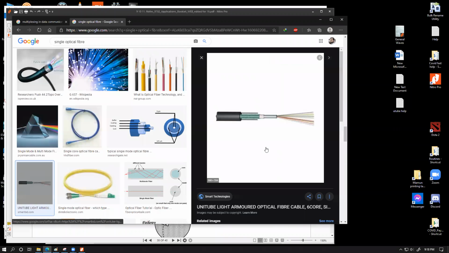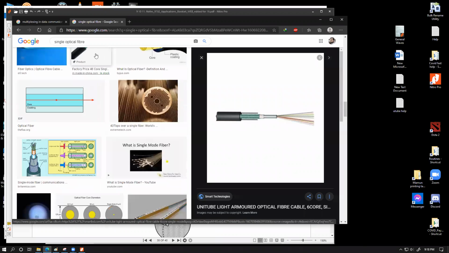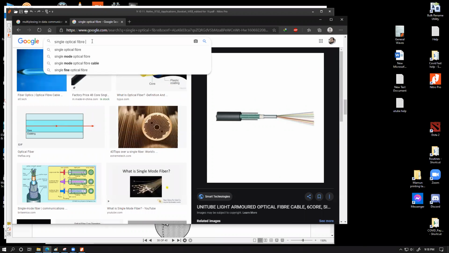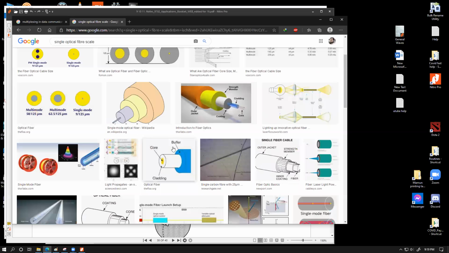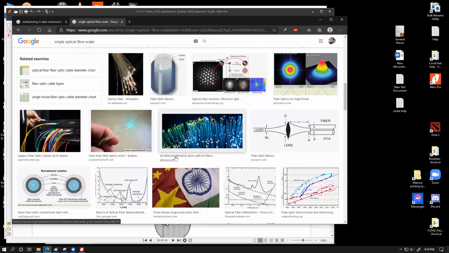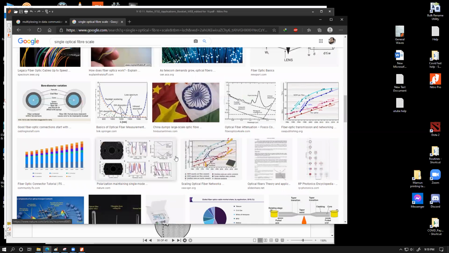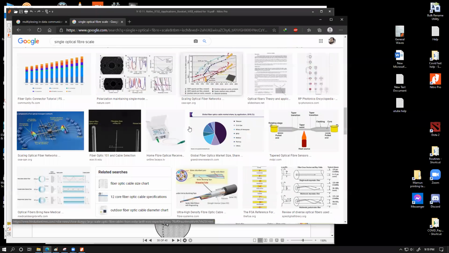For example, I was looking for a scale with something on the... I'm not finding what I'm looking for.